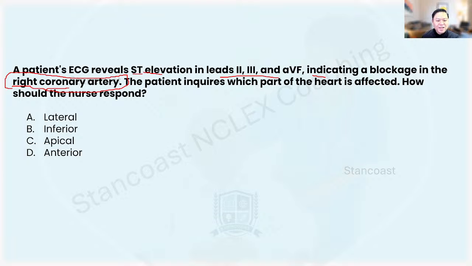So if you picked letter A, lateral, what could happen if this is going to be that? Well, the lateral section of the heart will receive the blood from the circumflex artery. We're talking about the circumflex artery.